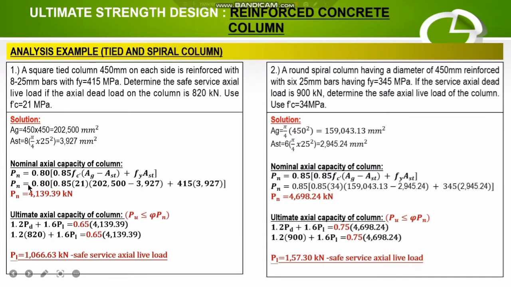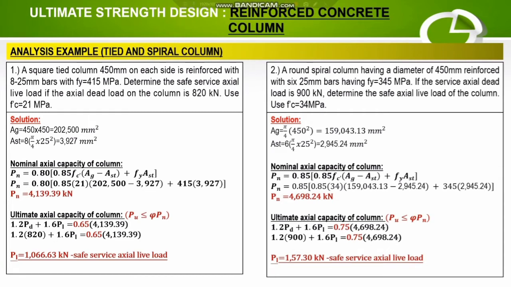Substituting all the values, Pn is equal to 0.80 times the quantity of 0.85 times 21 times the quantity of 202,500 minus 3,927, plus 415 times 3,927. So our nominal axial capacity of the column, Pn, is equal to 4,139.39 kilonewtons.